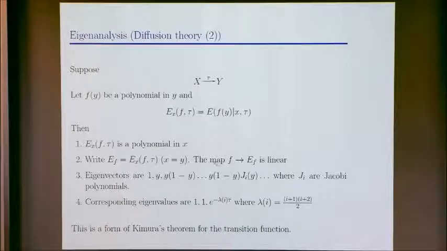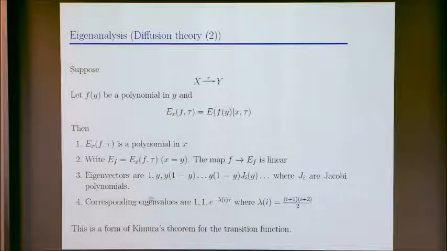And if you have a linear map, it's natural to wonder what the eigenvectors are. The answer is the eigenvectors are the polynomials 1, y, and then the polynomials y times 1 minus y times Jacobi polynomials, which are a family of orthogonal polynomials.